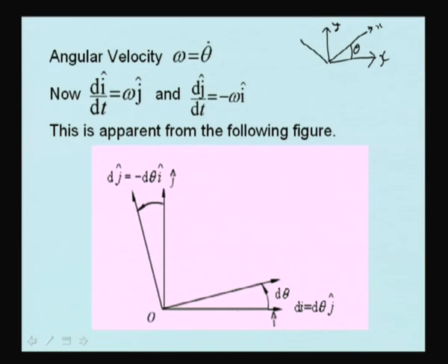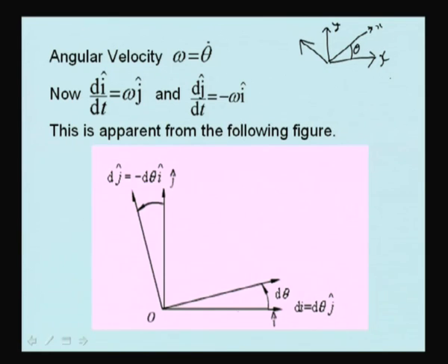So, this theta can be differentiated with respect to time. Now, we can easily see that if the unit vectors i and j are expressed in the moving, that means rotating, coordinate system, then di by dt will be omega times j and dj by dt is equal to minus omega times i.